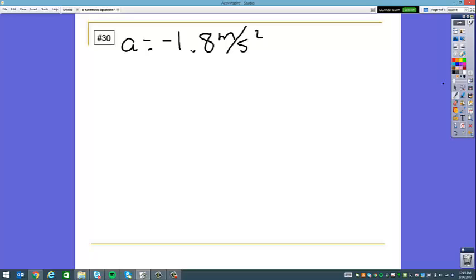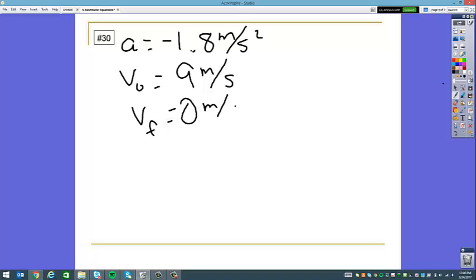Then it tells you you slow from 9 to 0, so your initial velocity is 9 meters per second and your final velocity is 0. If you're looking for what to solve for, it says how long does it take? Long is a time frame.